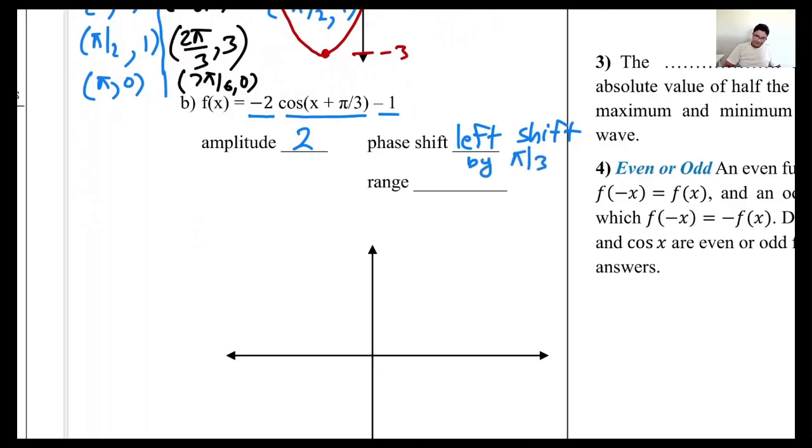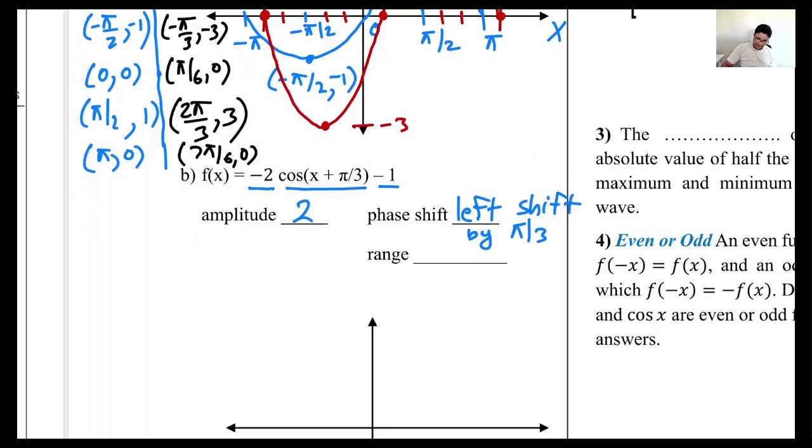And what happens to the range? I'll write on the top here and then write the final answer down. As far as the range is concerned, cos has the range minus 1 to 1. Right? When you multiply by 2, that range will be minus 2 to 2.